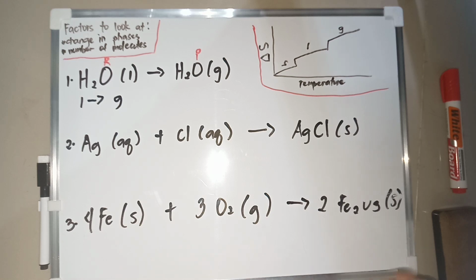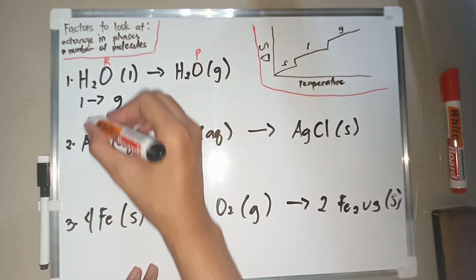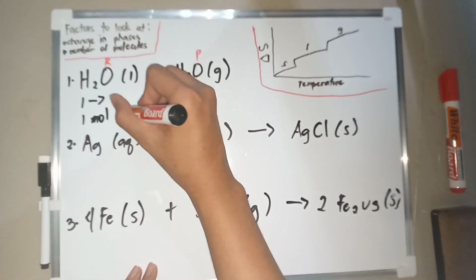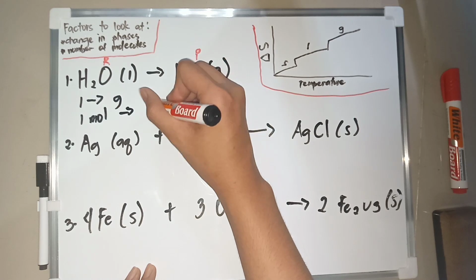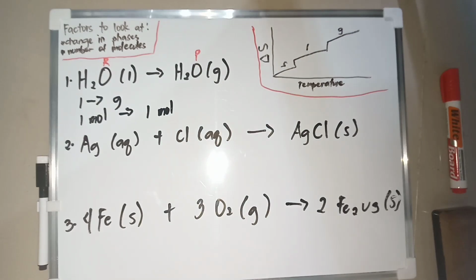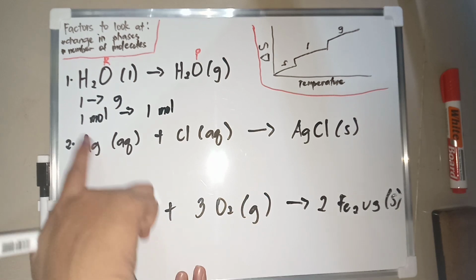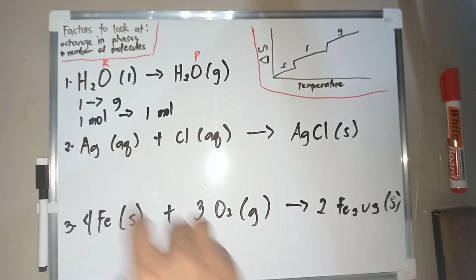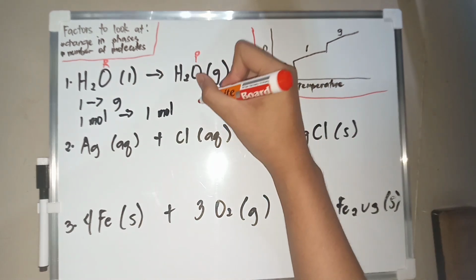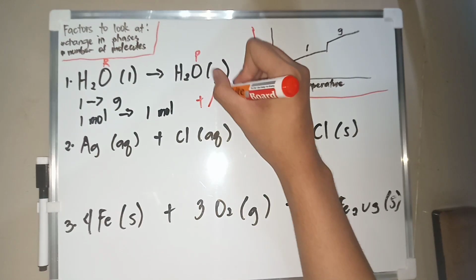If we look at the number of molecules, we have one molecule going to one molecule, so it's pretty much the same. So we look at the change in phases, liquid to gas, which means that number one will have an increase in entropy.